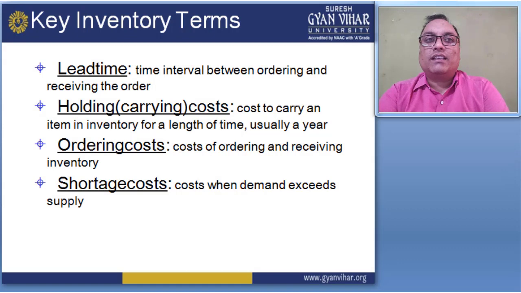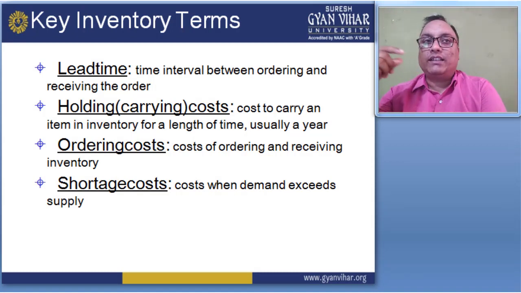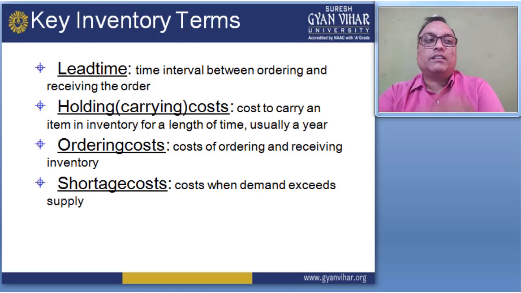Suppose in this pandemic era of the coronavirus, at that time corona vaccines, masks and other things were short. So the item costs exceed, and this excess item cost is called the shortage cost.